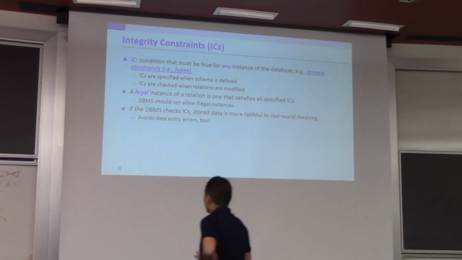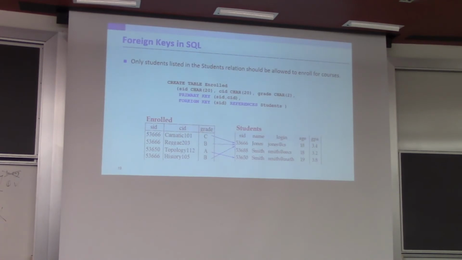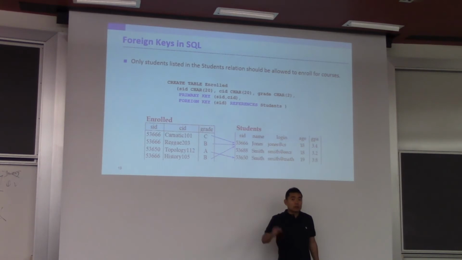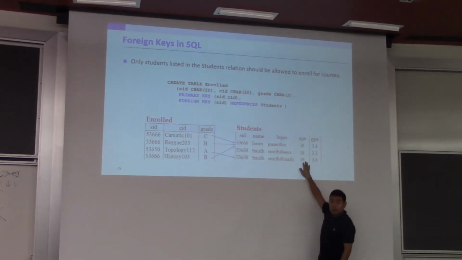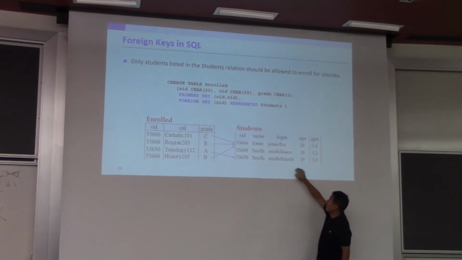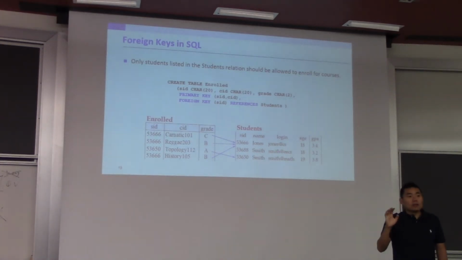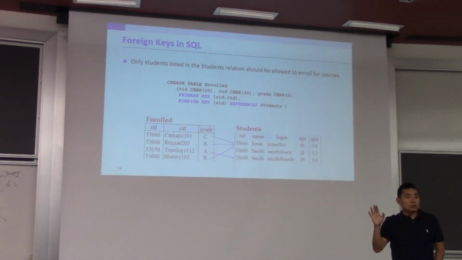I'll give you an example of a legal instance. If we go back to the student table, imagine the age field. The type of age actually is integer, right? So this is a legal instance. But if I insert another student record with age 19.5, for example, because I want to model the fact that the student is somewhere between 19 and 20 years old.